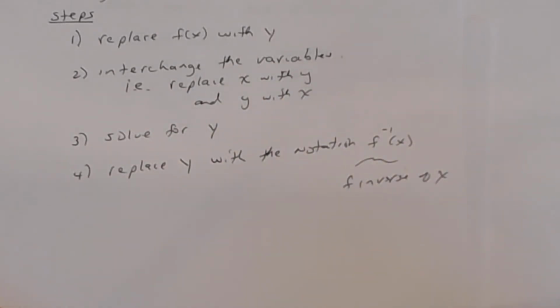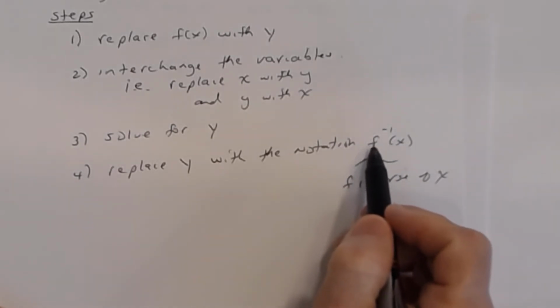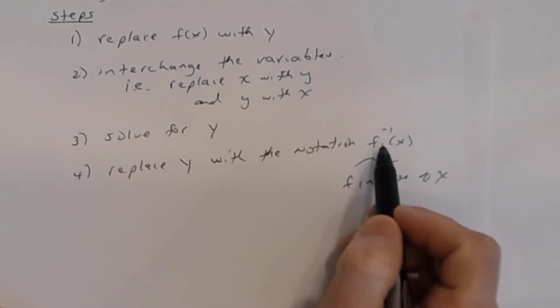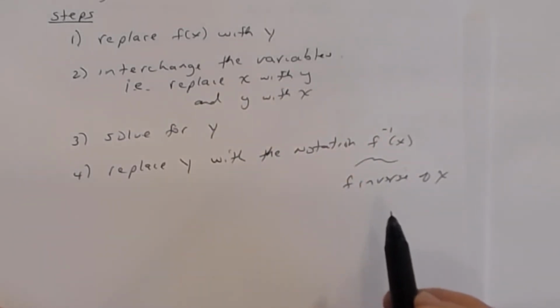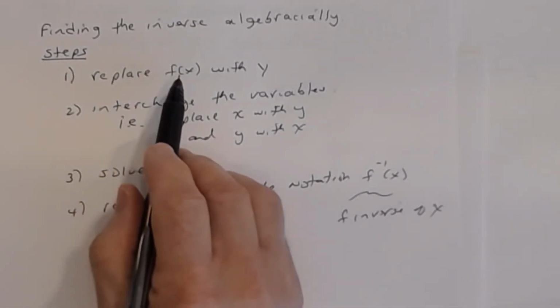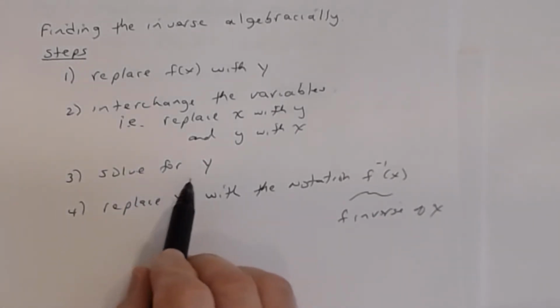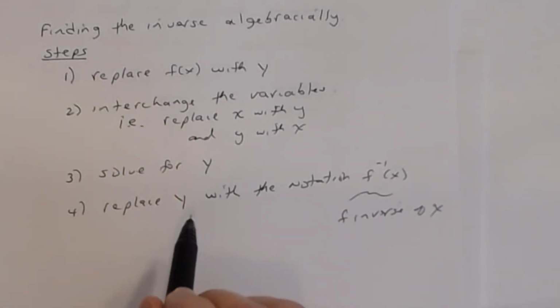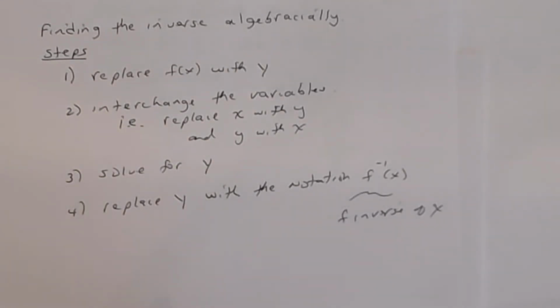So this negative exponent up here with this notation that looks like a function, you read it as f inverse. That's how this is read. So step 1, replace f of x with y. Step 2, you interchange the variables. Step 3, once you interchange the variables, you solve for y, and then whatever y is, you replace it with this, and that's the inverse.